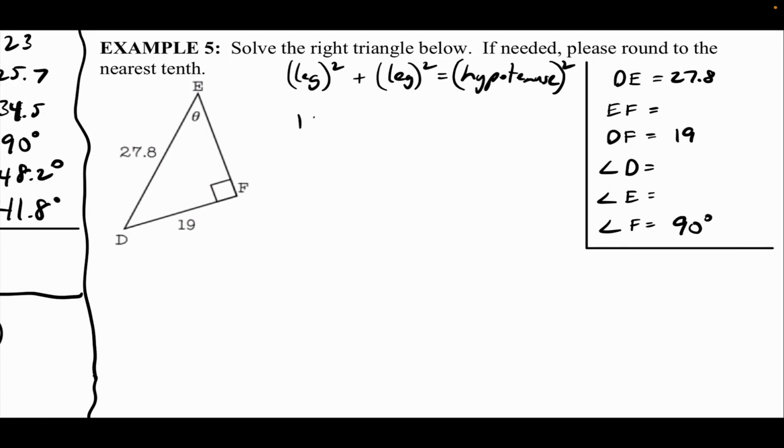So 19 is a leg. The other leg, I have no clue. That's what I'm trying to find. And then I know the hypotenuse is 27.8.